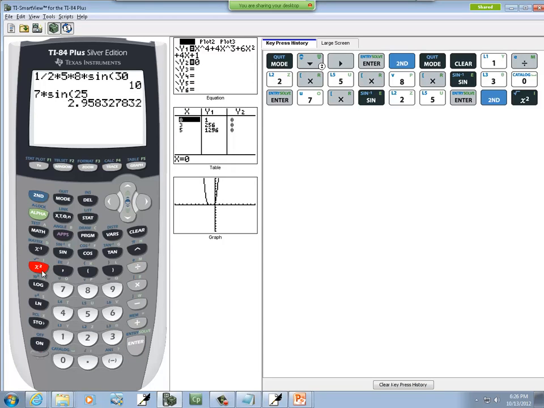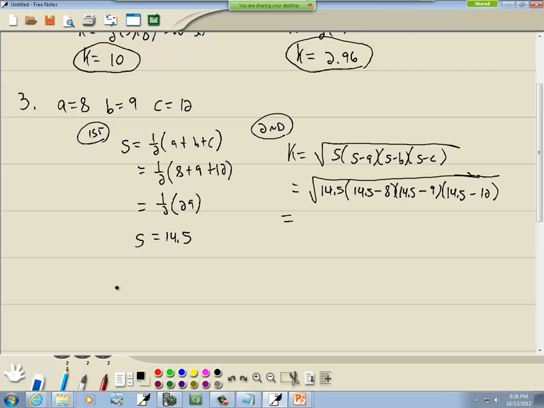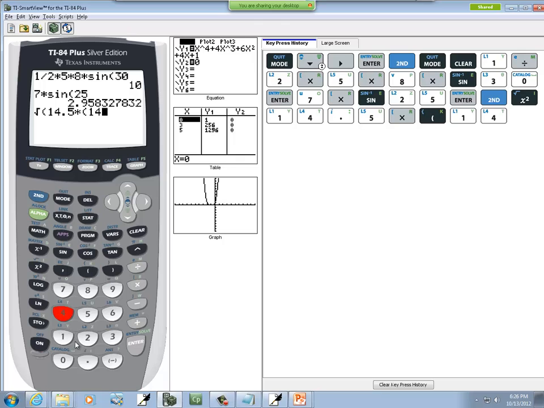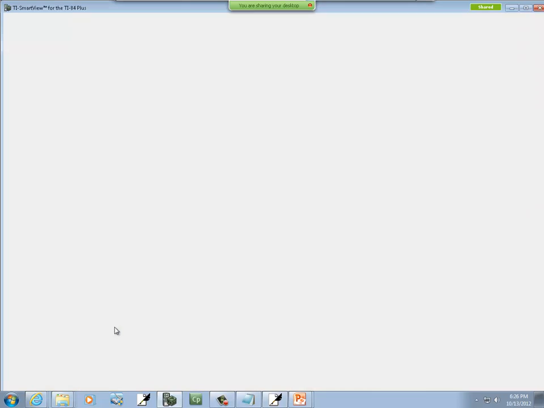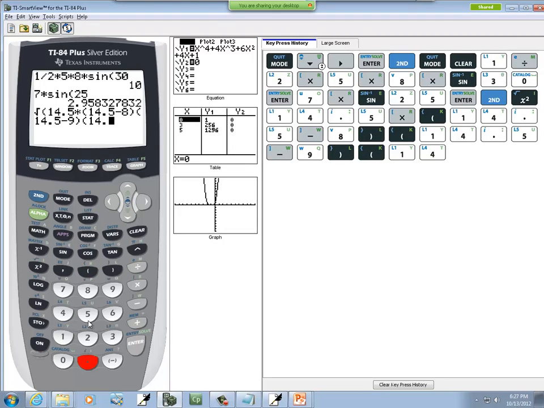So we've got the square root of 14.5 times, beginning parentheses, 14.5 minus 8, close parentheses, beginning parentheses, 14.5 minus 9, close parentheses, beginning parentheses, 14.5 minus 12.